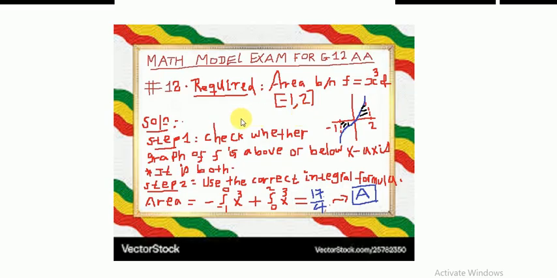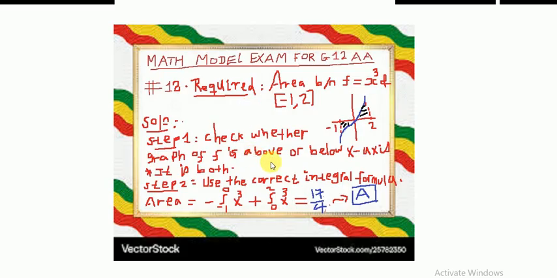The graph of x cubed between -1 and 2 can be partly above and partly below the x-axis. In our case, it is both.